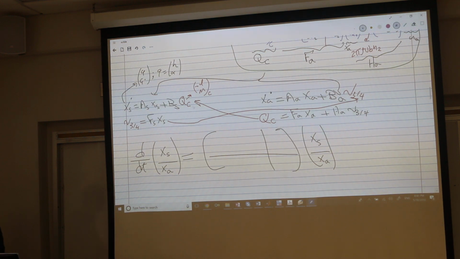And please follow me, because I will not take my time to do it. I will skip some steps. So X structure dot, here it is. It's A structure times X structure. So here is A structure times X structure. Any question about this term?